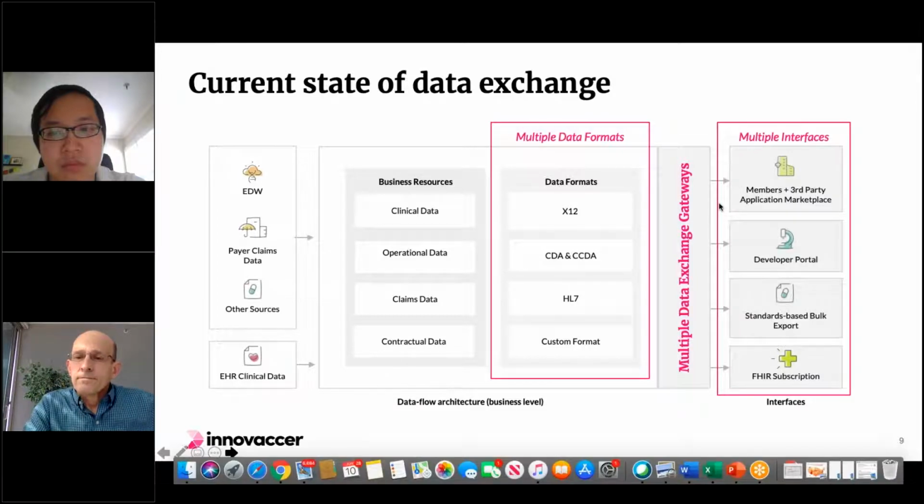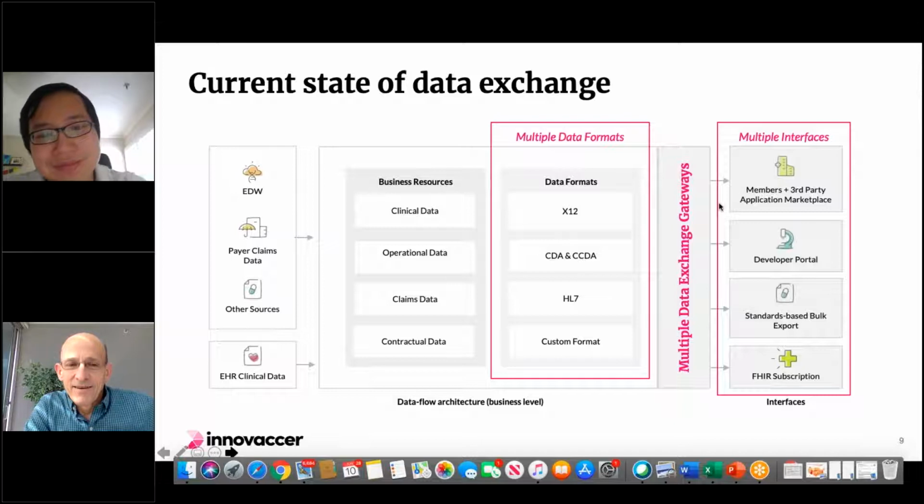I think there's a lot of aspirations to get to that place, but I would say that the majority of exchanges still going on in the payer market are, and I'll apologize if this gets a little too technical, I know Dr. Sin and Dr. Nace always keep me honest on this, but the majority of interchange today are in batch files.